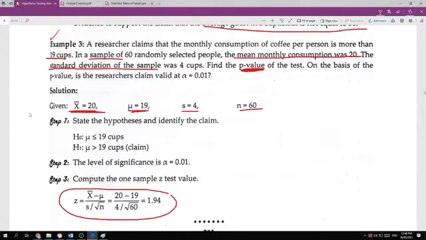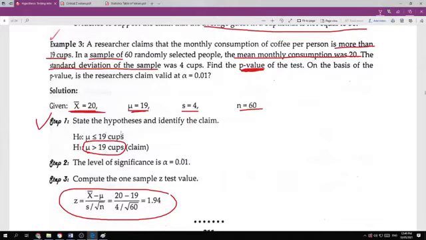But before that, let's do step number 1. What is the claim? The claim is more than 19 cups. Meaning the population mean is more than 19 cups. So what is the opposite of more than? It should be less than or equal to.